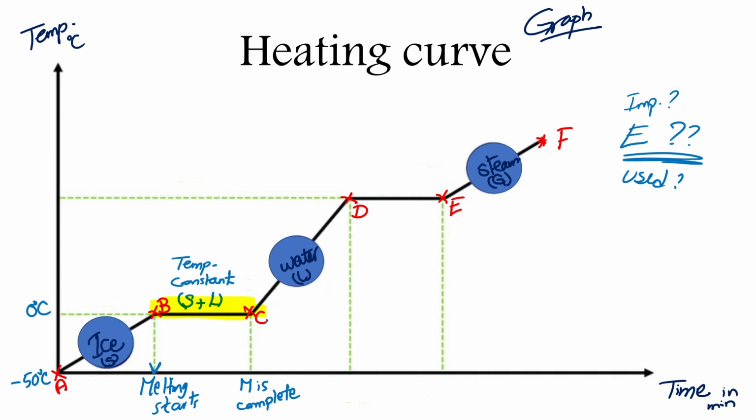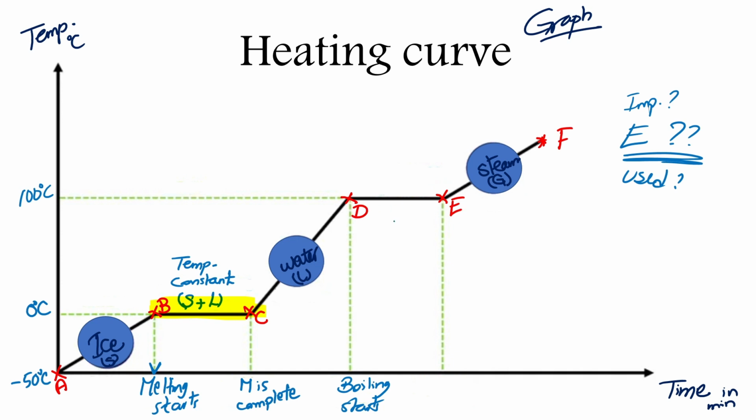Then from C to D, the temperature increases until the liquid reaches the boiling point, which is 100 degrees Celsius. So at point D, boiling starts. From D to E, the curve flattens and the temperature is constant. Where does the energy go?